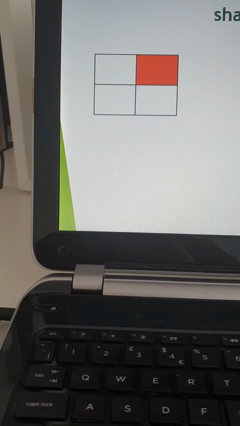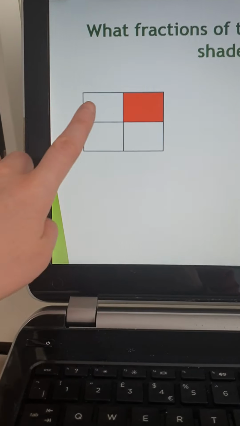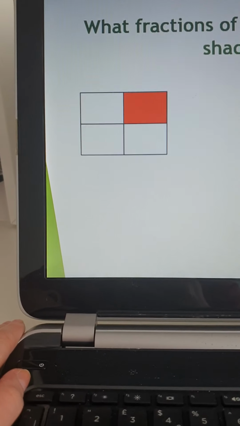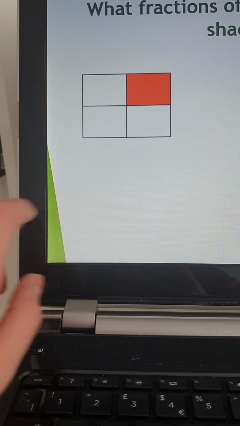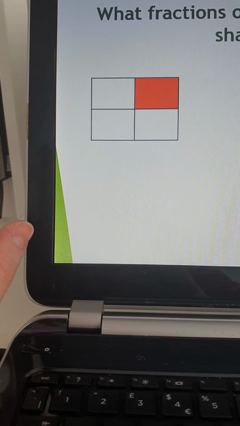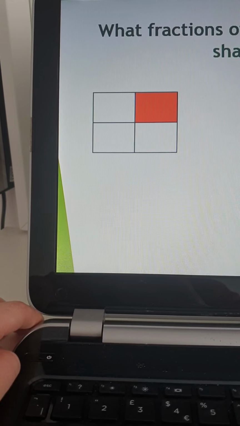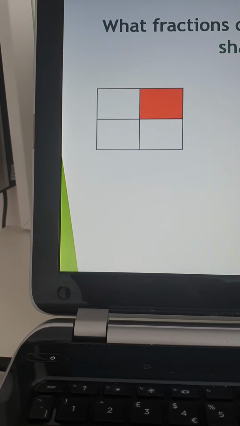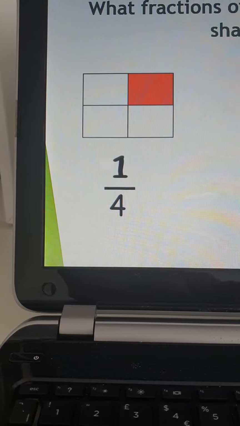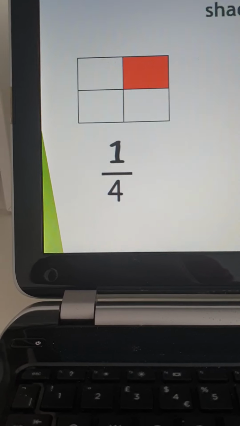So firstly, let's look at the total amount of pieces in the shape. Okay, so we have 1, 2, 3, 4. So D for down, D for denominator. So our bottom number is going to be 4. And then the top number is going to be the amount of shaded pieces, which is 1. So our answer should look like this. 1 over 4, which equals a quarter.